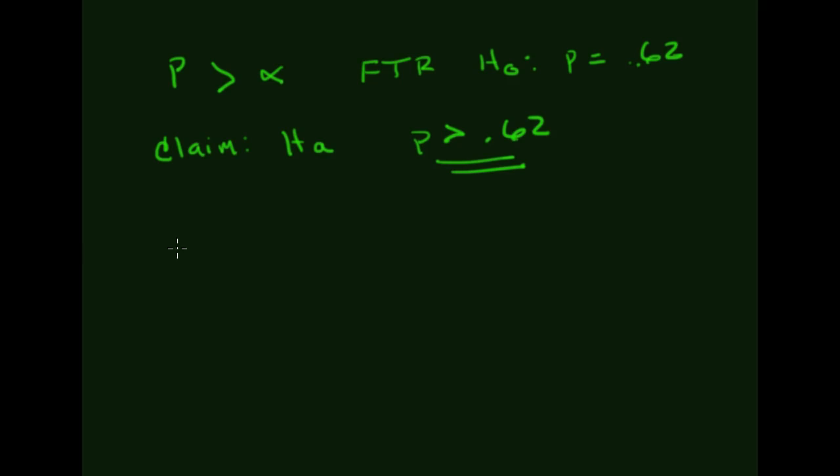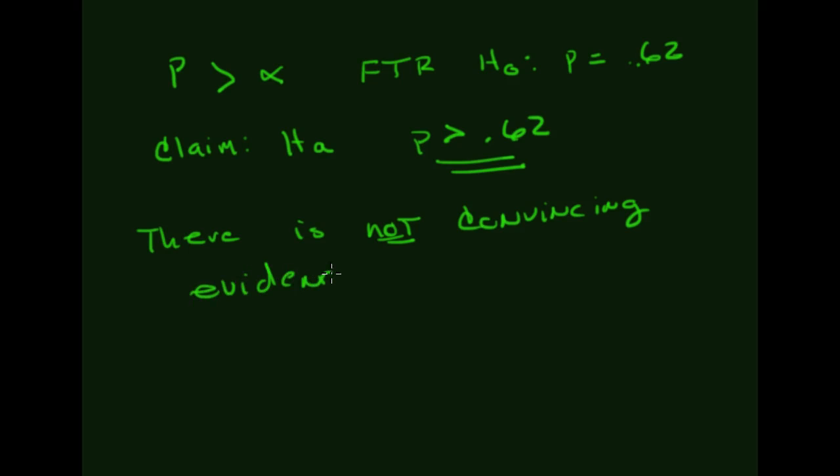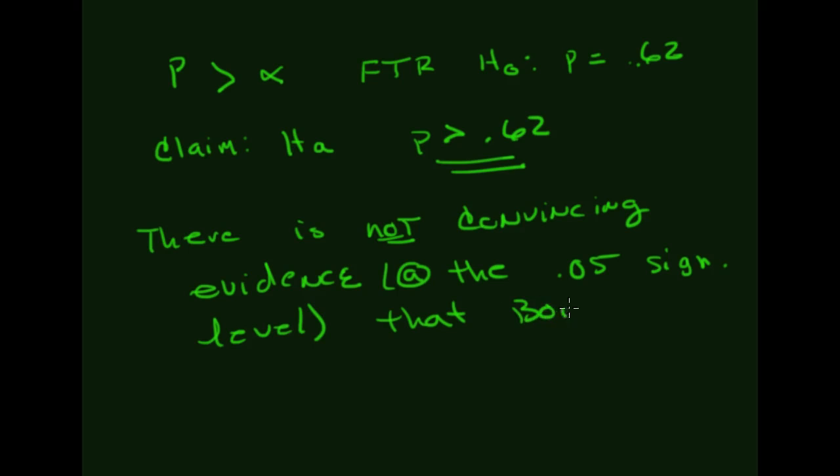So, in short, I can say that there is not convincing evidence at the 0.05 significance level that Boris has more than 62% of the vote.